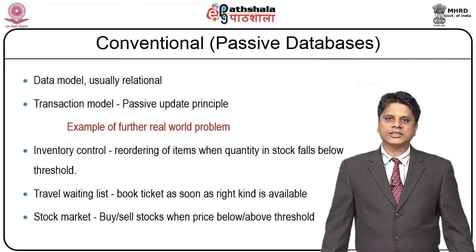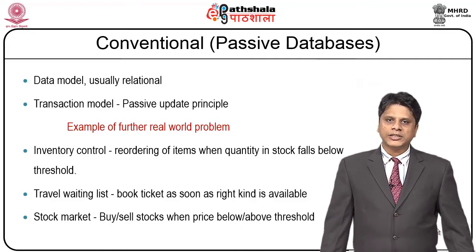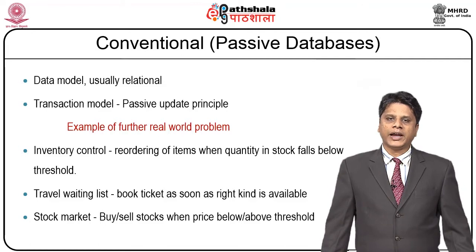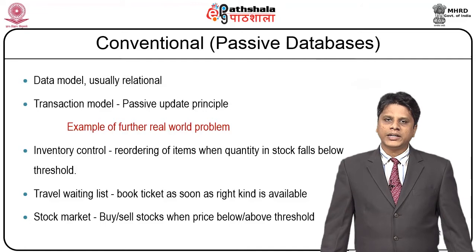If you have a classification based on the rules, databases are majorly classified into active and passive databases. Rules are nothing but the format which we have already seen, A implies B, or any format of this case, where a trigger is getting triggered. Those are supposed to be rules.